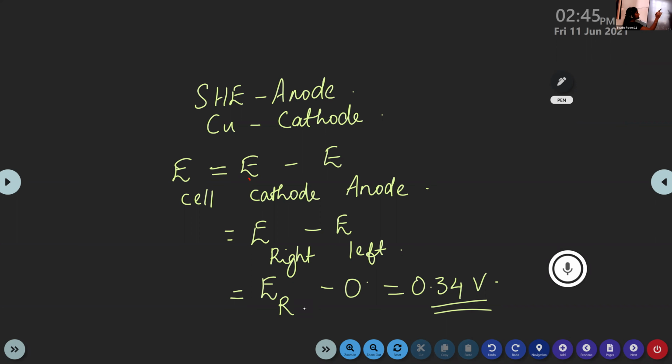That belongs to copper. So this is the electrode potential of copper.